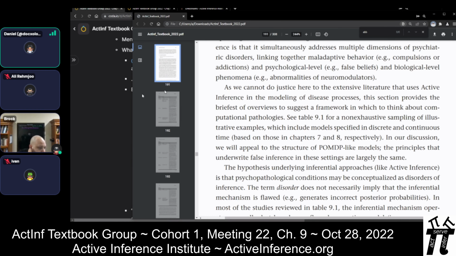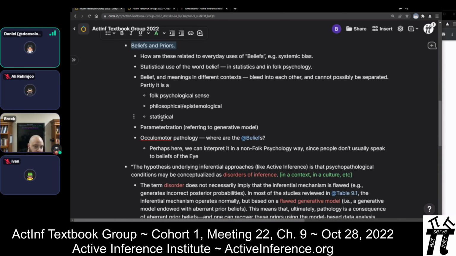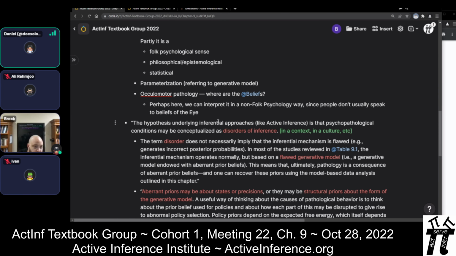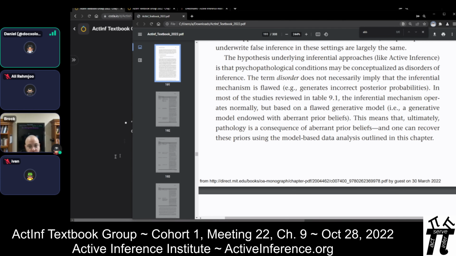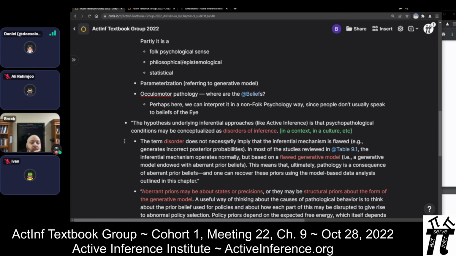Okay. So beliefs and priors, and this question of disorders of inference, which, as Brock mentioned, was part of the early impetus in studying, for example, schizophrenia, and Friston's earlier and continued work. Maybe there's a part I'm missing, and maybe it's not the right context. But first we can narrowly interpret what they use to mean disorder, and then have a more broad perspective.